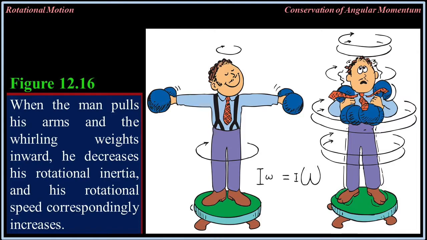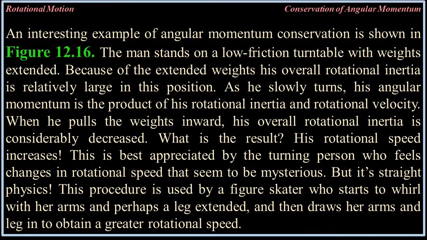As he slowly turns, his angular momentum is the product of his rotational inertia and rotational velocity. When he pulls the weights inward, his overall rotational inertia is considerably decreased. What is the result? His rotational speed increases.